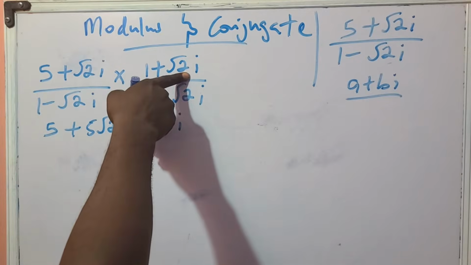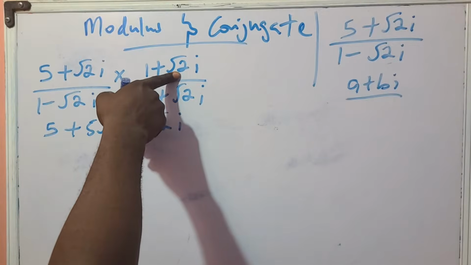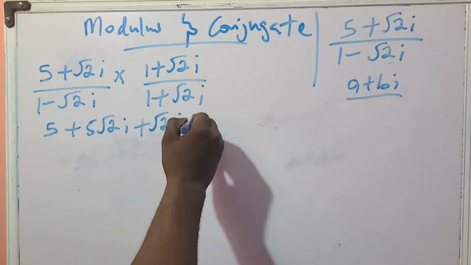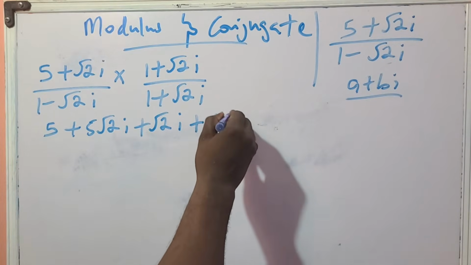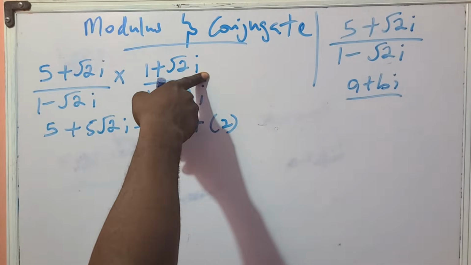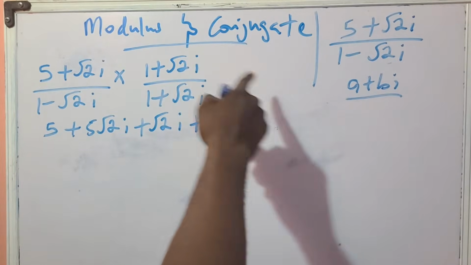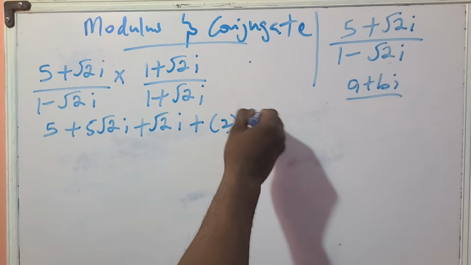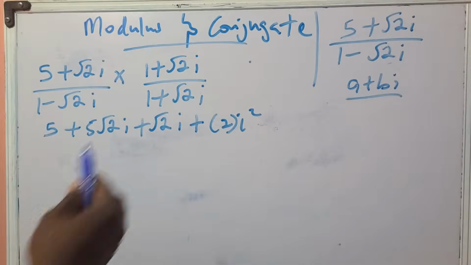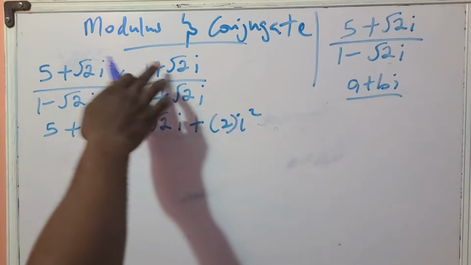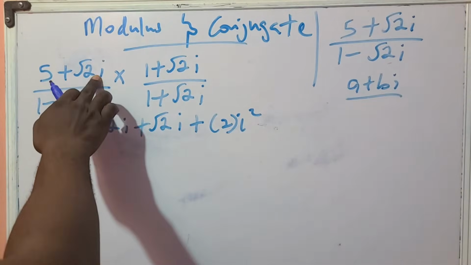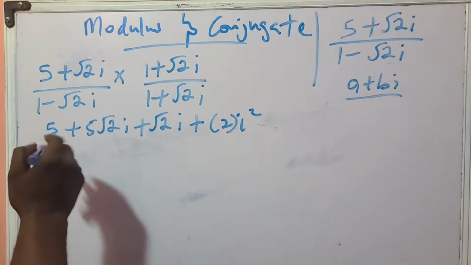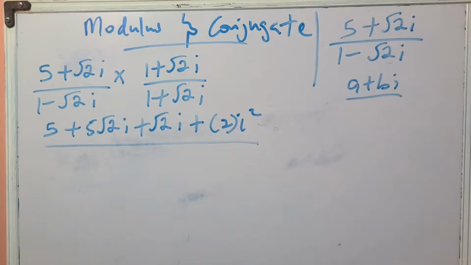Then square root of 2 times square root of 2, that will be 2. So that will be plus 2. Then i times i, that will be i squared, and i squared equals -1. Let me just write that here for the sake of people that may not understand what we're doing yet. But square root of 2 times square root of 2 is 2, and then i times i is i squared. Let me leave it like that so that we can take it step by step.